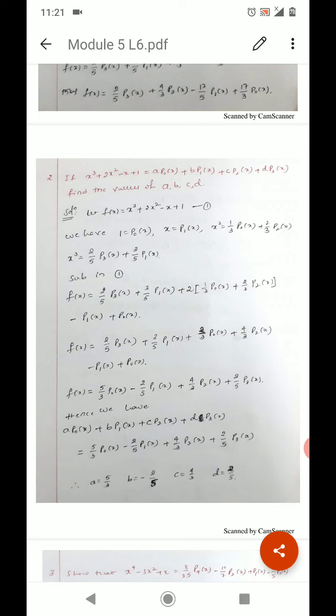So now equating the coefficients of P0 of x, P1 of x, P2 of x and P3 of x, we get a is equal to 5 by 3, b equal to minus 2 by 5, c equal to 4 by 3 and d equal to 2 by 5.